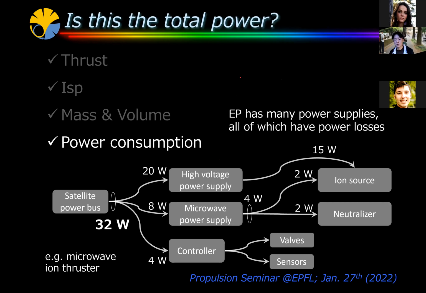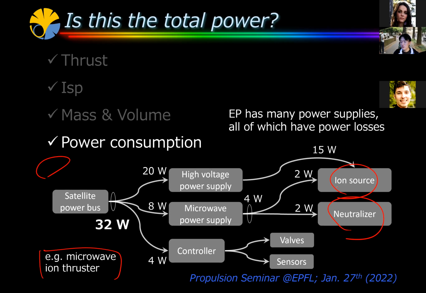And finally, power consumption. Again, you have to pay attention to whether it includes all of the power. This diagram shows a microwave ion thruster case. We have to operate an ion source and a neutralizer.